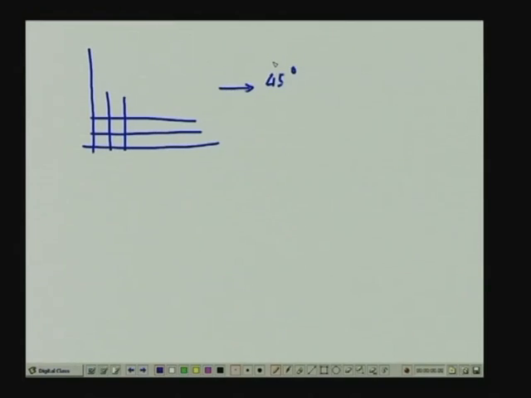You know that we had a transformation matrix which takes care of rotation, and that is given by cosine theta, sin theta, then minus sin theta, cosine theta. This is the rotation matrix which, when applied to different pixels in the original image, will give you the pixels in the rotated image.